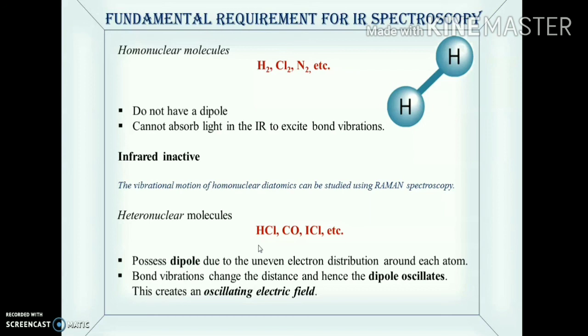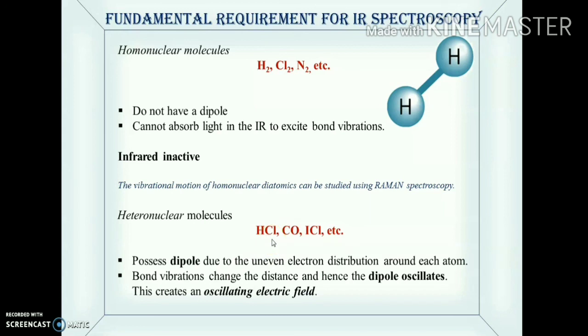Now, when the dipole is present, the bond vibrations change the distance, and hence the dipole oscillates. And when the dipole oscillates, that means when this entire dipole structure is oscillating, this creates an oscillating electric field. Why? Because it is having charge.